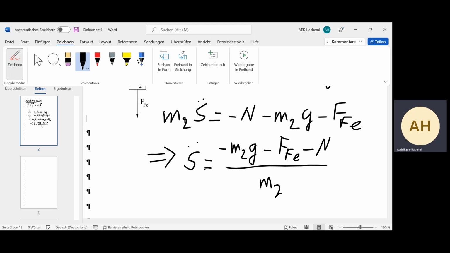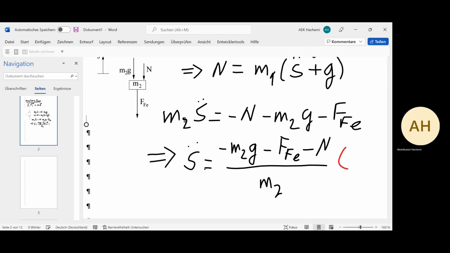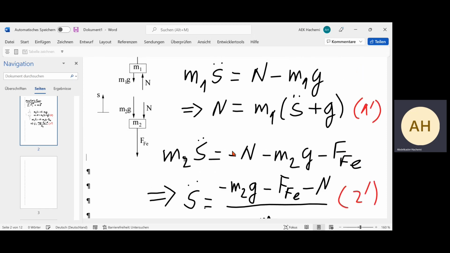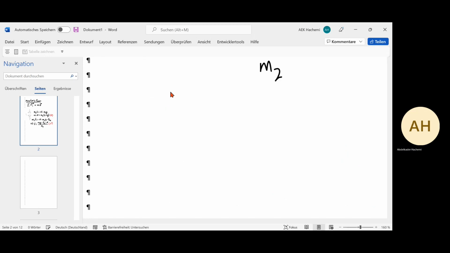Okay, this will be now, as we said, equation 2 prime, and here will be 1 prime. They are the same equation as for the Lagrange. Okay, now to solve this exercise, we have only to choose either the Lagrange or Newton.